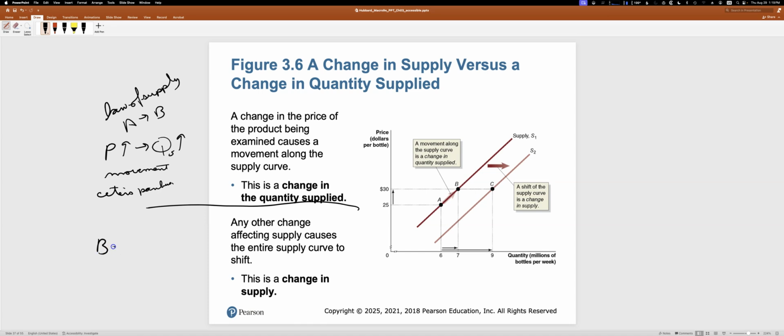Otherwise, let's say B to C, or essentially S1 to S2, is a shift of the curve. And here we'd be saying supply increases, not quantity supplied, but supply.